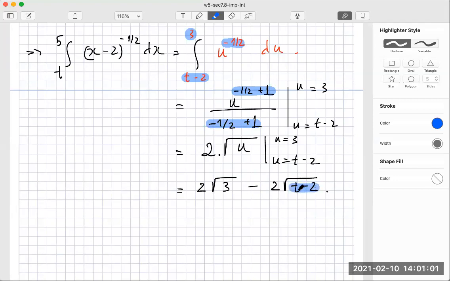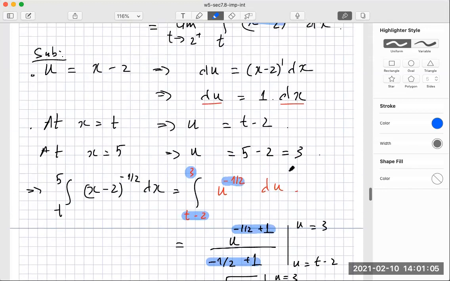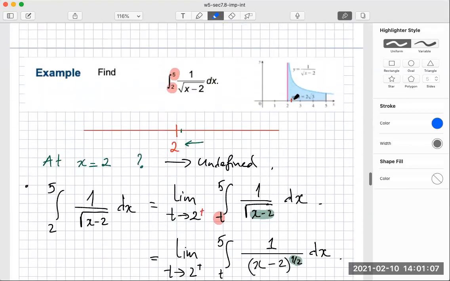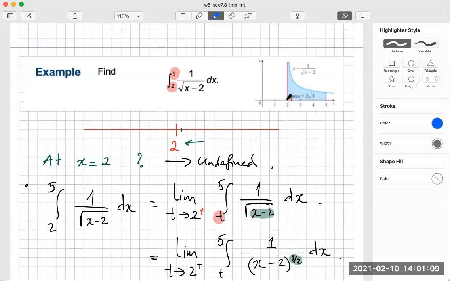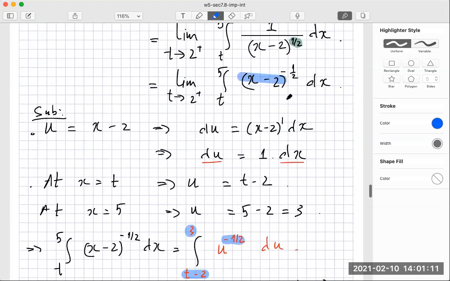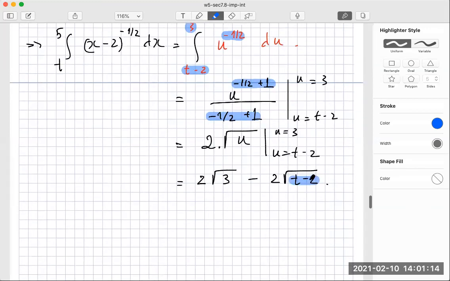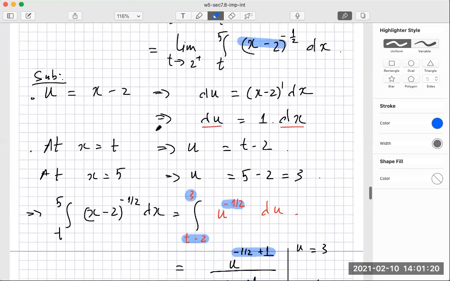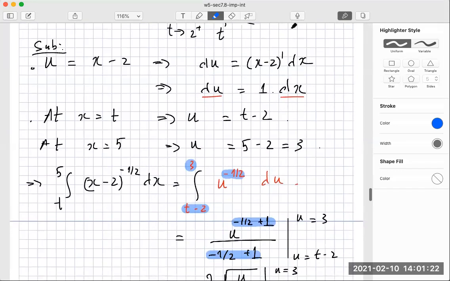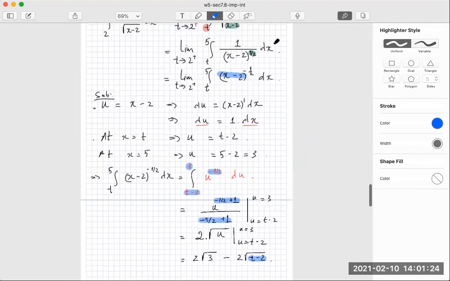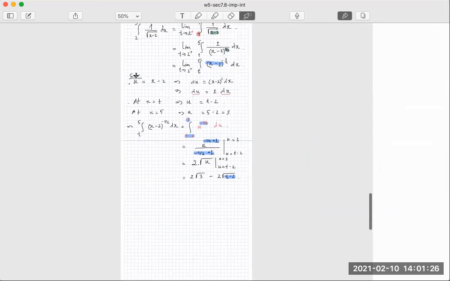Does it make sense in this case? It makes sense, right? Because t here approaches 2, but it's larger than 2. So when we write it this way, it still makes sense, okay? We are fine with that. So, therefore, this is the computation, right? Now let us go back to where we stopped before.